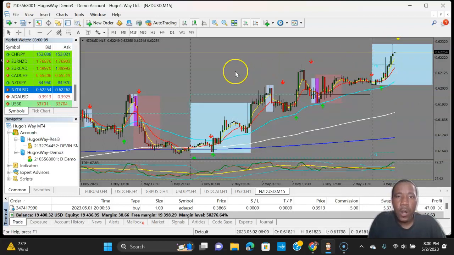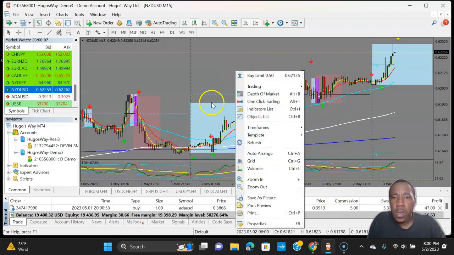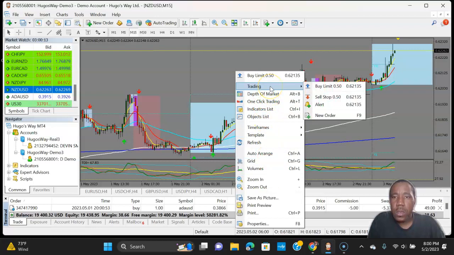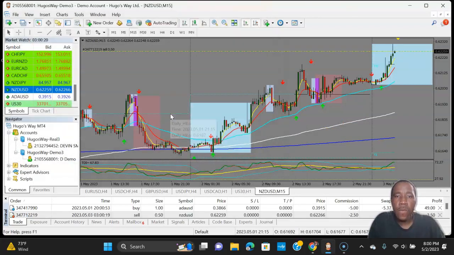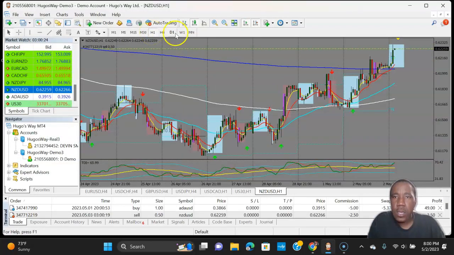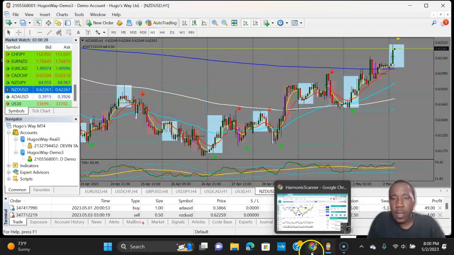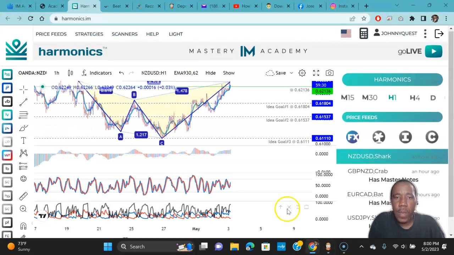So I'm gonna open a trade, sell, and let's see, new order, sell by market, and I like to go in and edit the stop loss and take profit manually. So as long as we're in the trade, we're good.